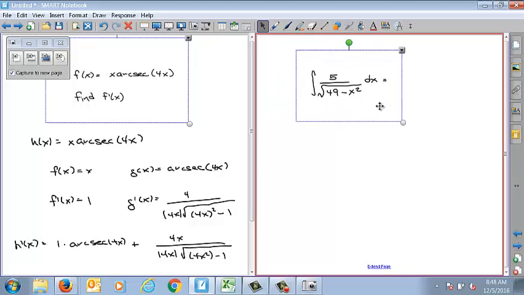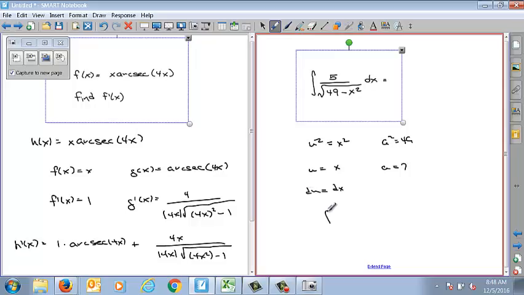So in this case, we would let u squared equal x squared, a squared is equal to 49. So u is equal to x, and a is equal to 7, and du equals dx.